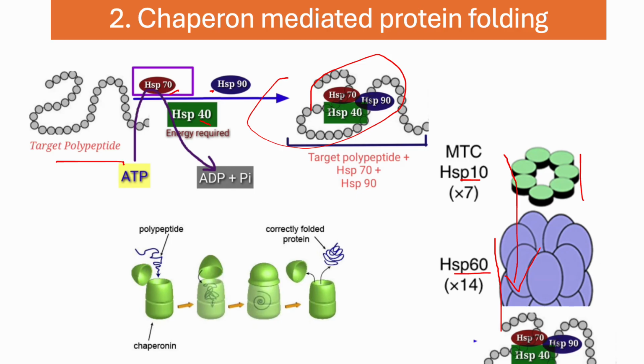So if we look again at this picture, this chaperonin helps the partially folded protein. They enter here and then the lid closes, and when the lid opens, the correctly folded, functional protein comes out. So that's how molecular chaperones help proteins fold correctly.